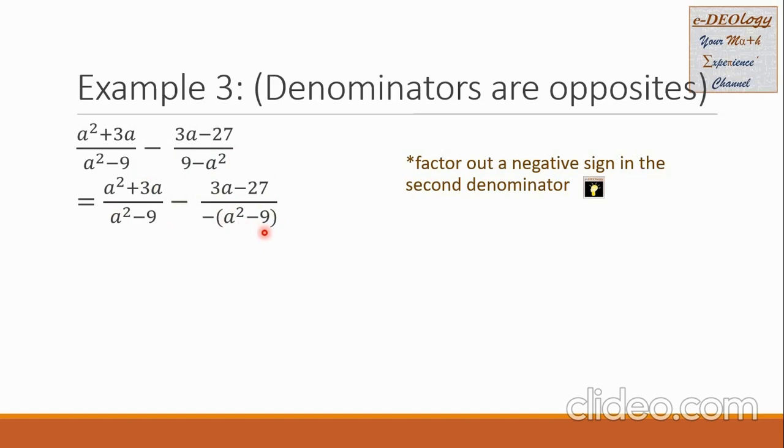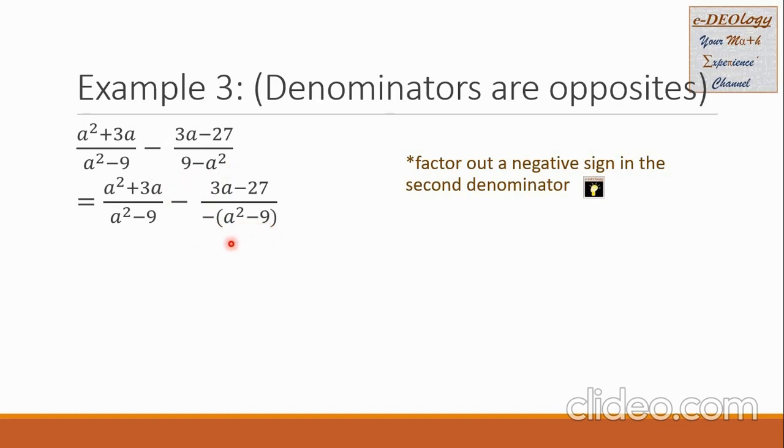Let us check if our factoring is correct. If I apply this negative sign inside the grouping symbol, the sign of the terms will be changed. So look at the a squared times this negative sign. I will come back to my negative a squared here. The negative times the negative 9, I will get back my positive 9.